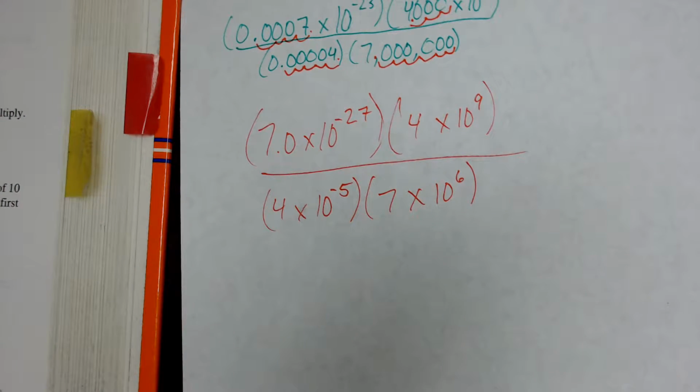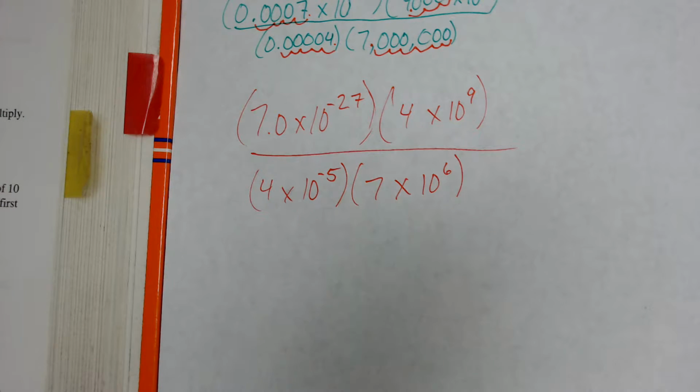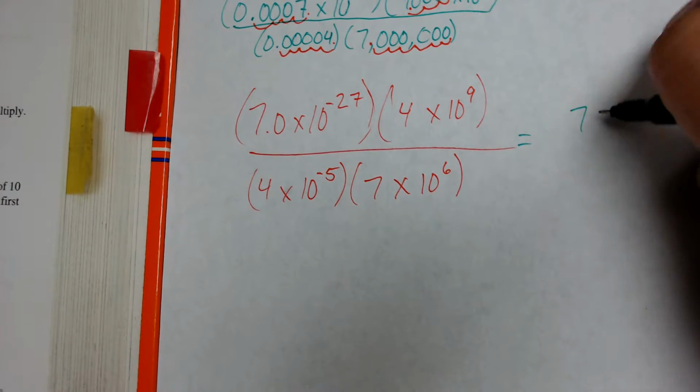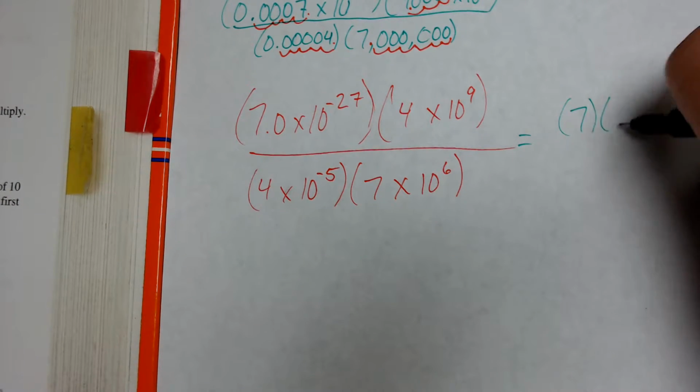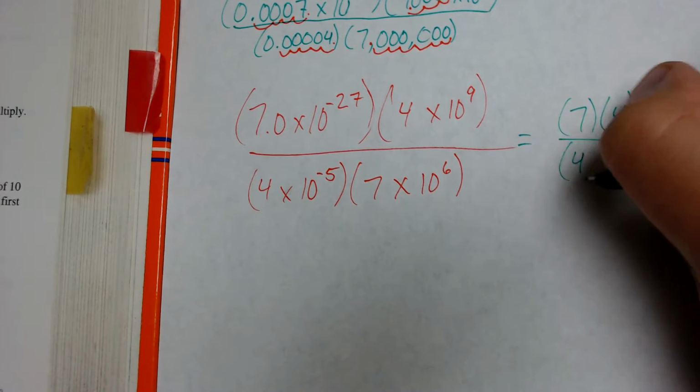Now, this is the part that gets a little bit tricky for some people, simplifying here. The best way to do it is to group your whole numbers and your tens into two separate pieces. So I'll take the whole numbers in green. I'm going to rewrite this as 7 times 4 over 4 times 7.